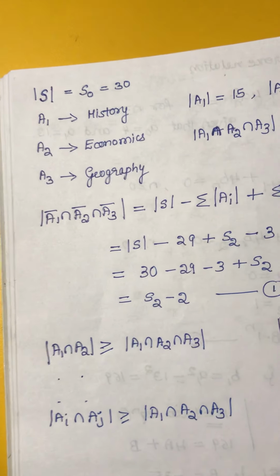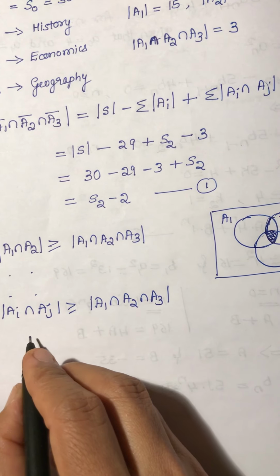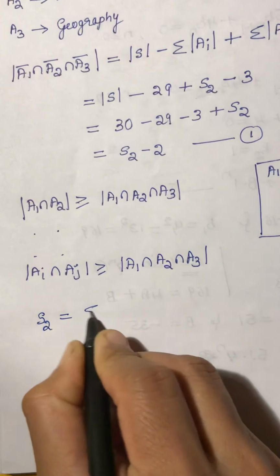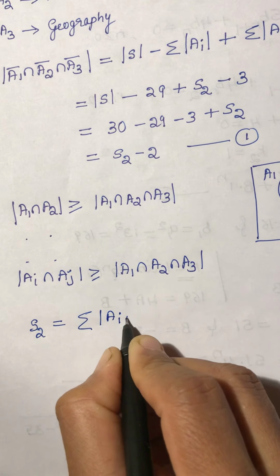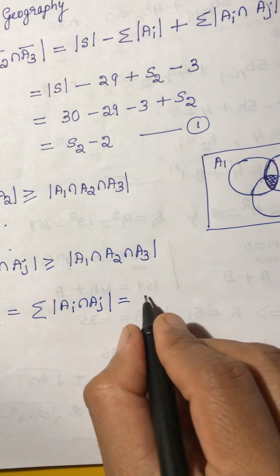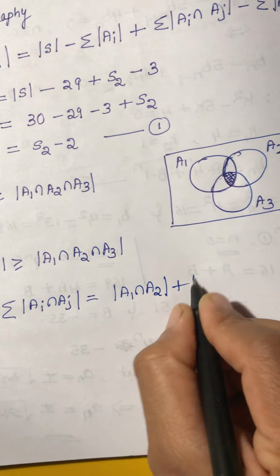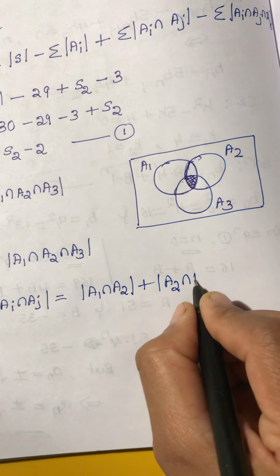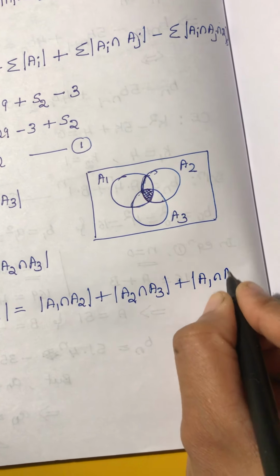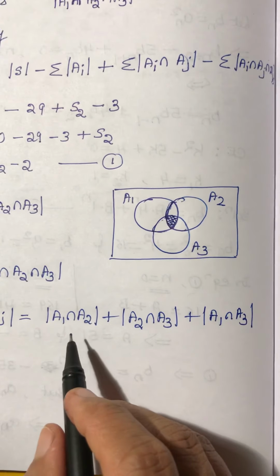Now S2 is nothing but sigma mod AI intersection AJ. That means it is mod A1 intersection A2 plus mod A2 intersection A3 plus mod A1 intersection A3. We take the intersection of each possible pair.